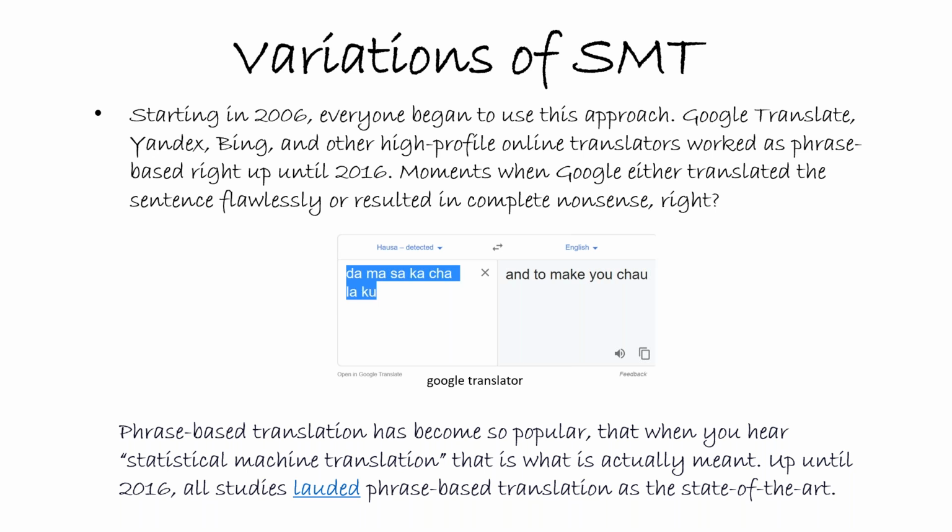But in 2016, Google launched a different system. They announced a new technique that revolutionized the complete aspect of language translation, right? We'll talk about that in neural translation, and how that has changed the way we translate sentences.